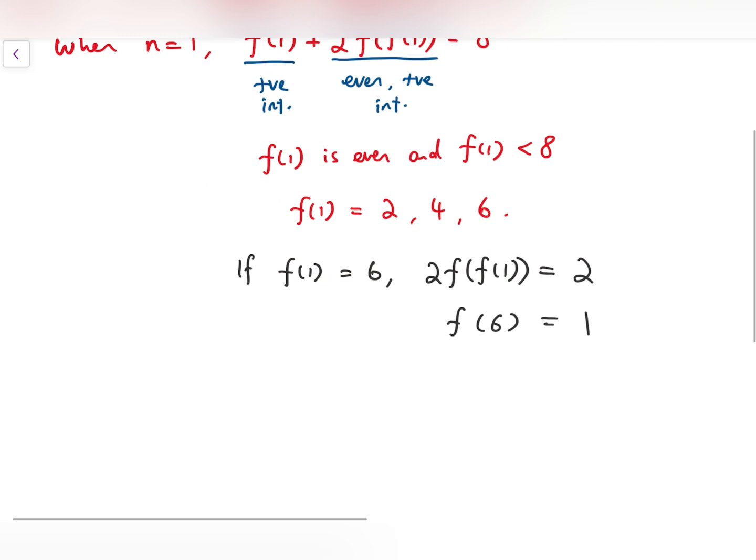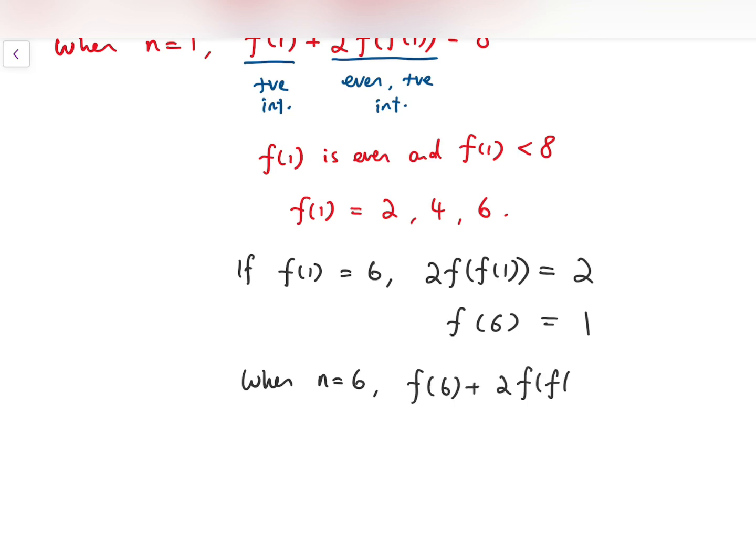So then when n equals 6, we have f of 6 plus 2 times f of 6 equals 3 times 6 plus 5. And that means because f of 6 is 1, 2 times f of 6, or 2 times f of 1 over here, equals 3 times 6, 18, plus 5, 23, minus 1, 22.